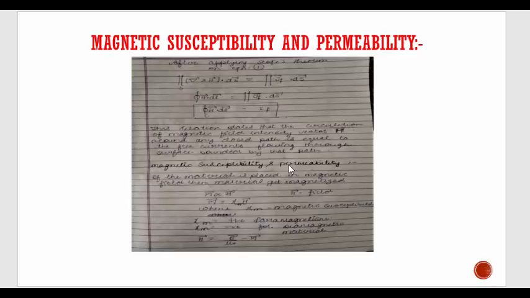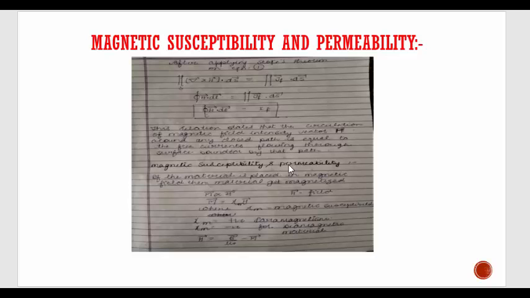The magnetization vector, capital M, is directly proportional to the magnetic field intensity. As the magnetic field intensity increases, the material gets magnetized by the same amount. That's why M is directly proportional to H, and H is the applied field.